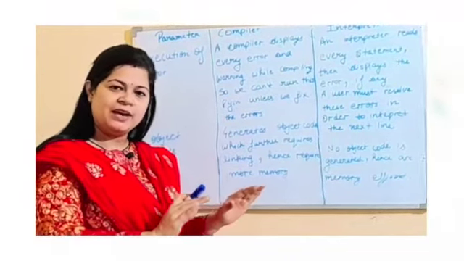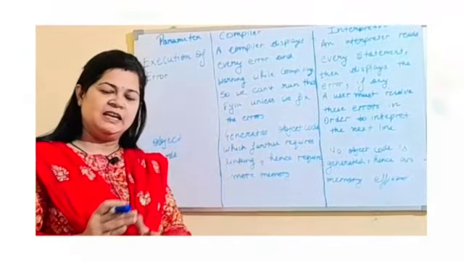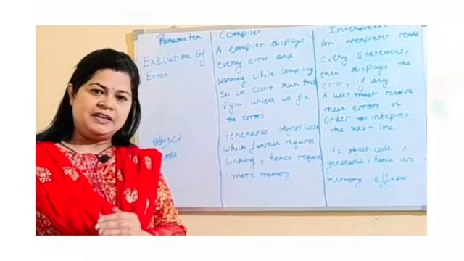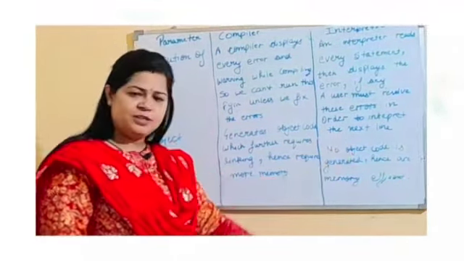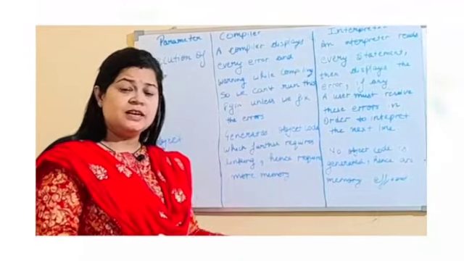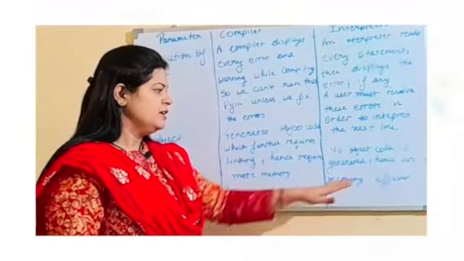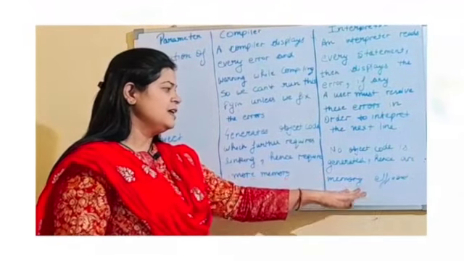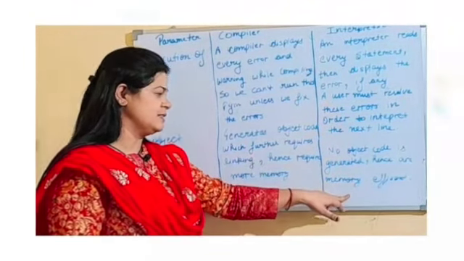We don't require them, because with the help of object code and linker, we will get the output. Whereas in an interpreter, no object code is generated, because the execution and interpretation take place at the same time, hence no extra memory is required.